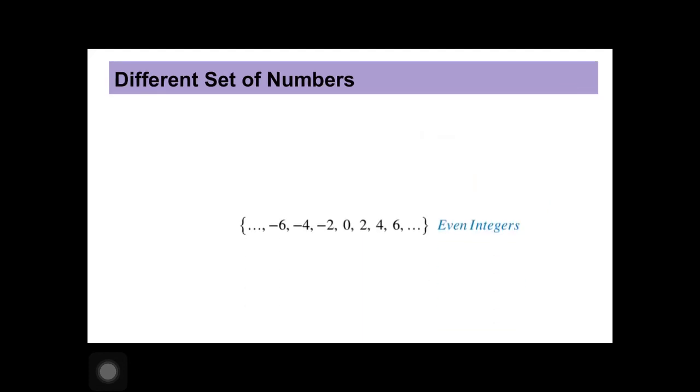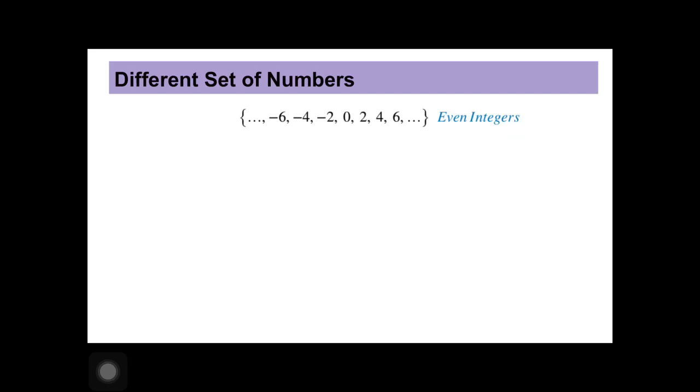Next, moving on. Even integers. So even integers, you also have -6, -4, -2, 0, 2, 4, 6, and so on. So if you have the positive even integers, you will denote as E positive, which starts with 0 and then 2, 4, and so on. So positive, we're going to take out 0. Why?